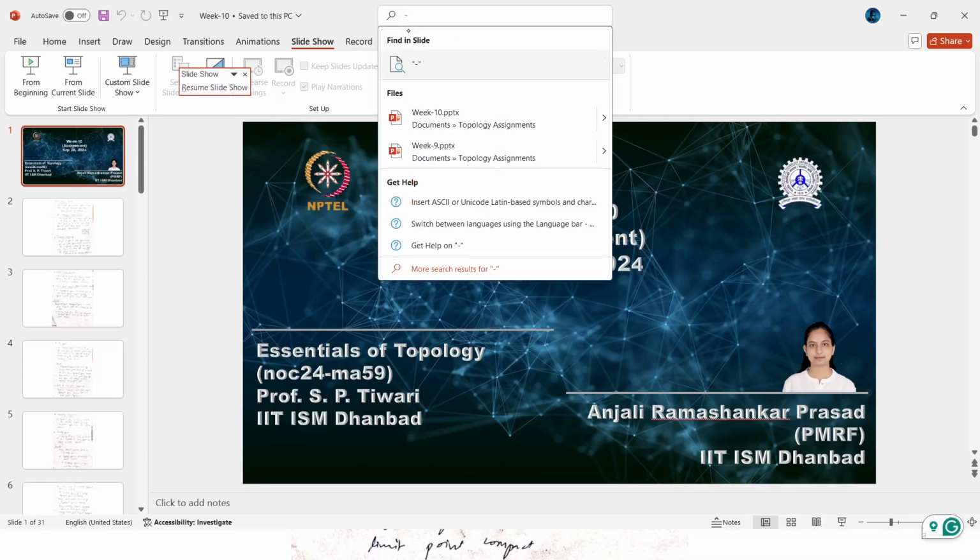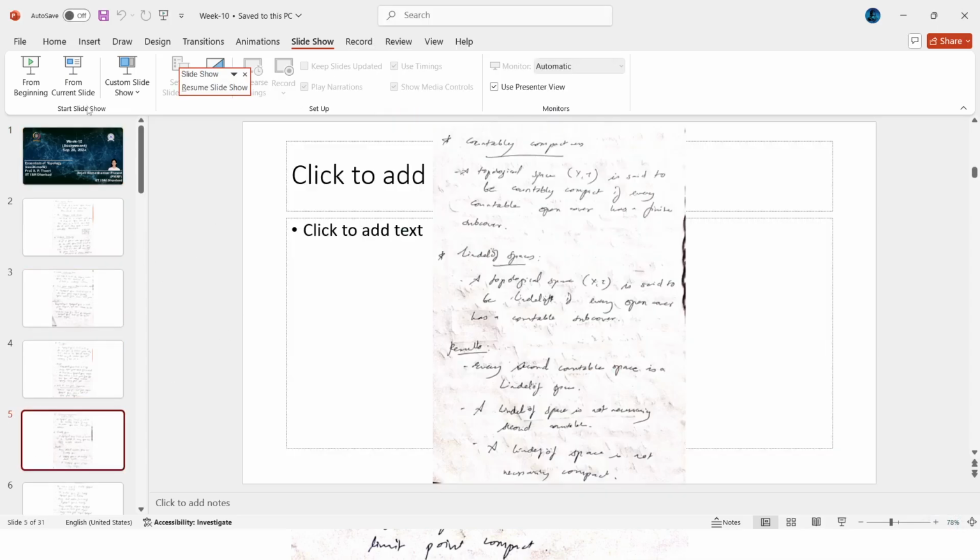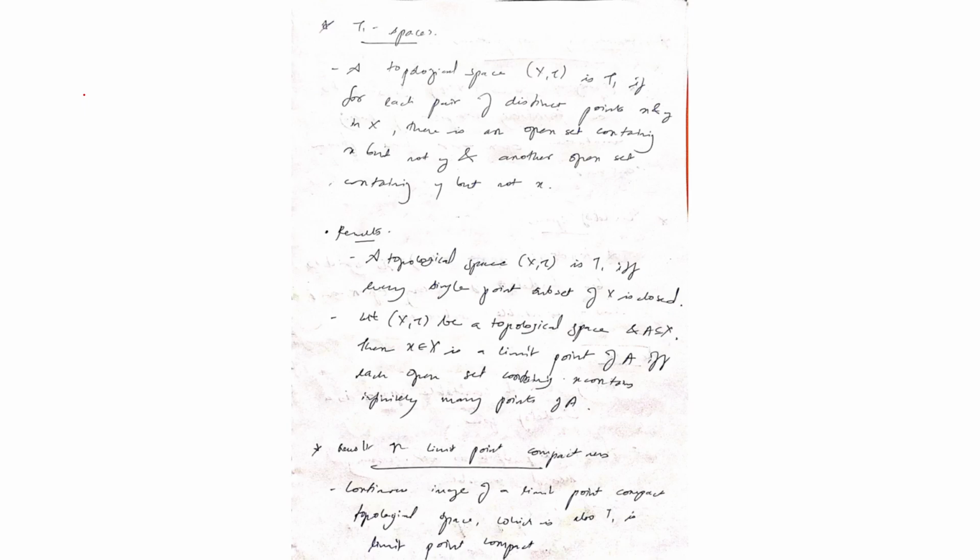There was a discussion about T1 spaces. So what are T1 spaces? A topological space (X, tau) is T1 if for each pair of distinct points x and y in X there is an open set containing x but not y and another open set.